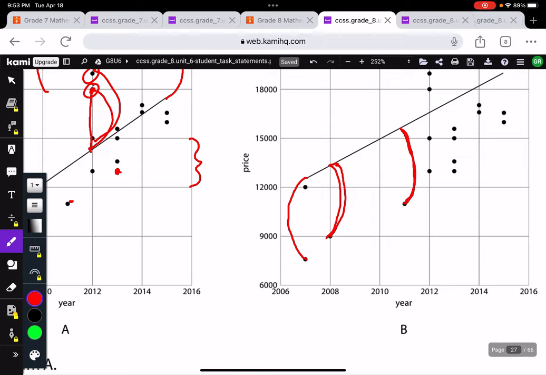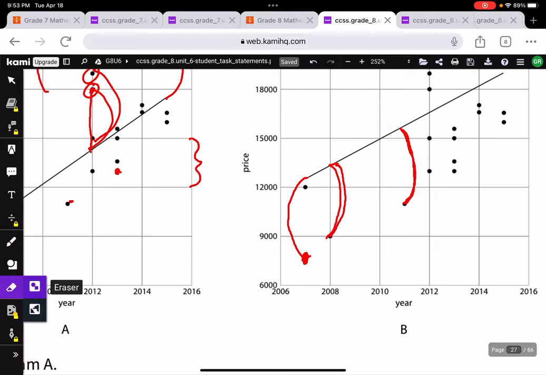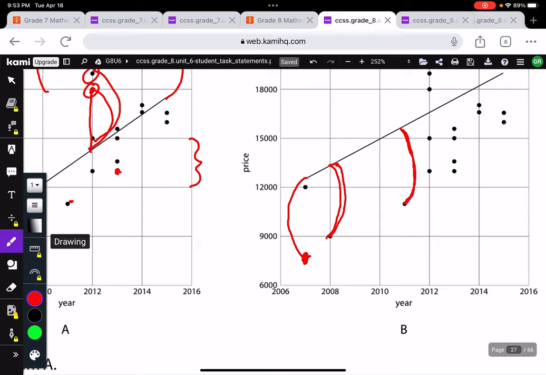And I'm going straight up. I think I showed you earlier. If this is a 2007, I'm saying, well, the model says it should cost 12,000 and something, and this one only costs 7,500 or so.